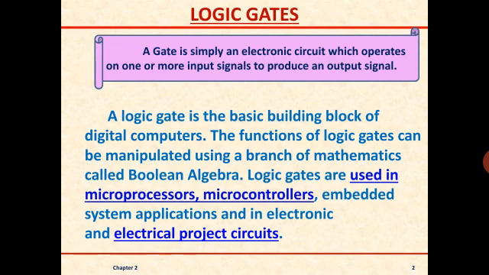Earlier, Boolean algebra was used in telephone switching circuits. Later, engineers realized that Boolean algebra is also applicable to computers because they were made up of electronic circuits. The functions of logic gates can be manipulated by using one branch of mathematics, known as Boolean algebra.